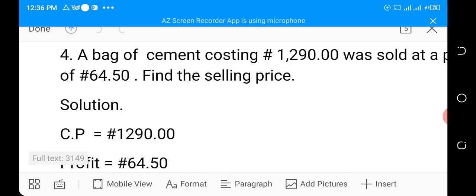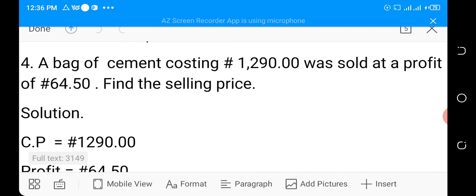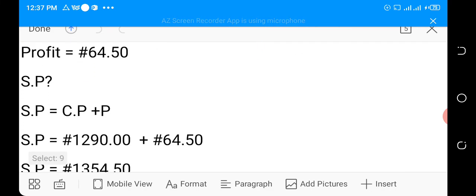When you hear the word sold, it's referring to selling price. When you hear the word pay, it's referring to cost price. It was sold at a profit of 64 naira 50 kobo. Here you are given profit. So you are asked to look for the selling price.